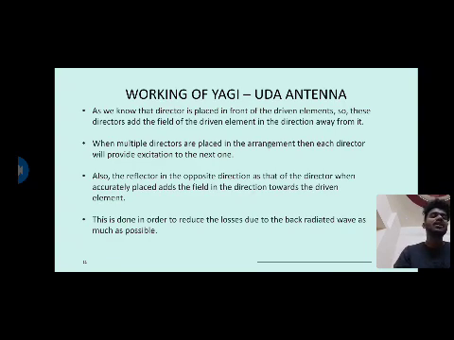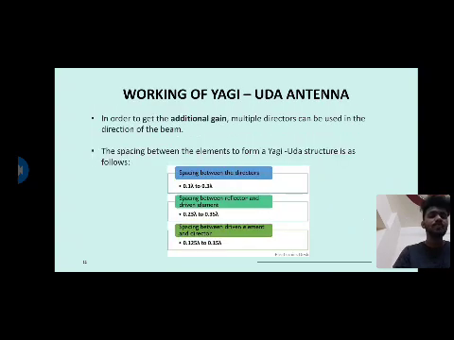Also, the reflector, in the opposite direction to that of the director, when accurately placed, adds the field in the direction towards the driven element. This is done in order to reduce the losses due to the back radiated wave as much as possible. In order to get additional gain, multiple directors can be used in the direction of the beam. The spacing between the elements to form a Yagi structure is as follows.